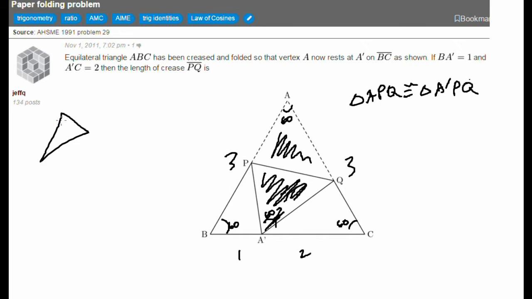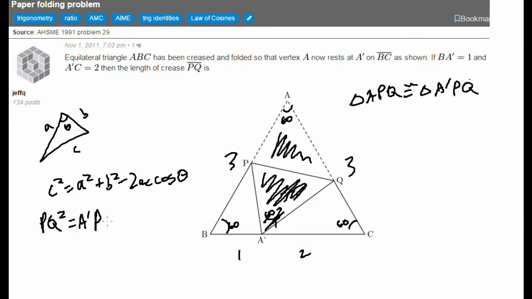The law of cosines basically states that if you have a triangle with sides a, b, c and angle theta opposite c, then c squared equals a squared plus b squared minus 2ab cosine theta. So in this case, PQ squared would equal A'P squared plus A'Q squared minus 2 times A'P times A'Q times cosine 60.